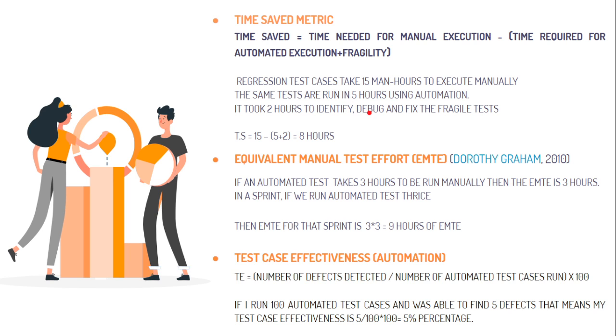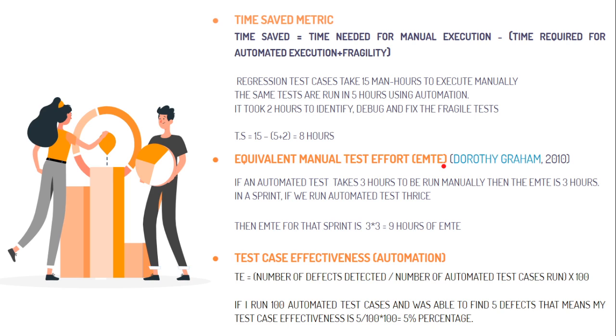You have a flakiness factor which has to be added here. You need 2 hours to fix the fragile test. It means that the time saved for this test is 8 hours. So with one test you are saving 8 hours. Similarly, when you sum up all your tests, this number will be huge. This way you can calculate how much time you are saving from automation.